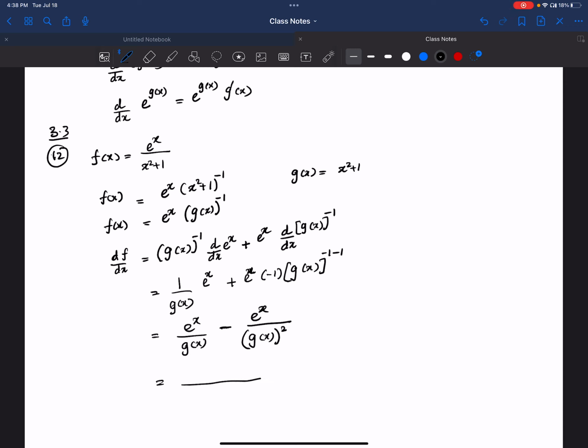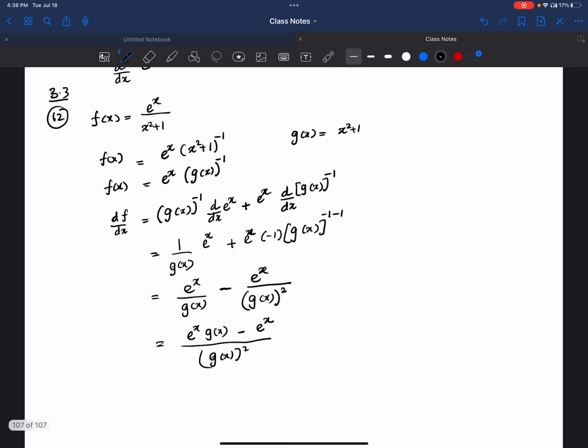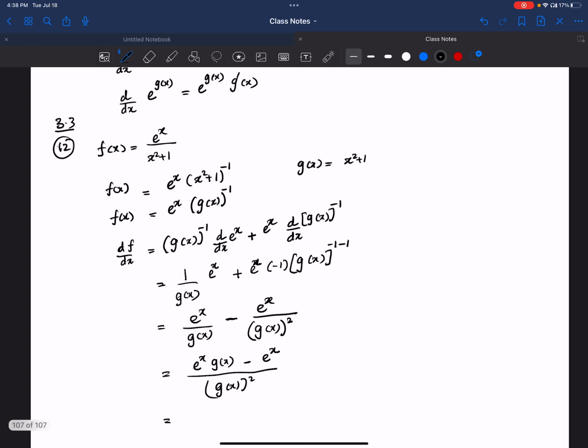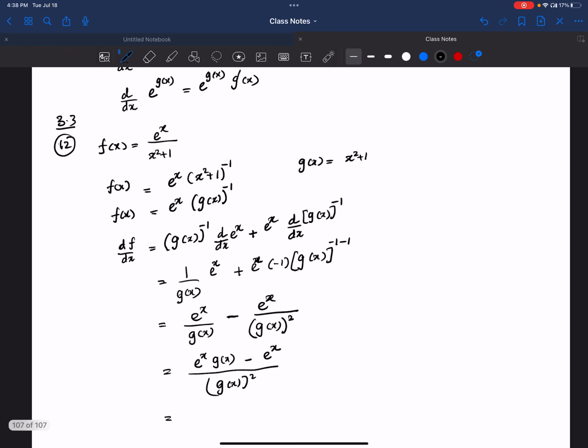So I'm going to substitute x squared plus 1 instead of g of x.